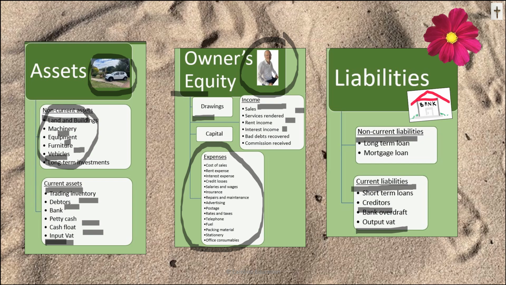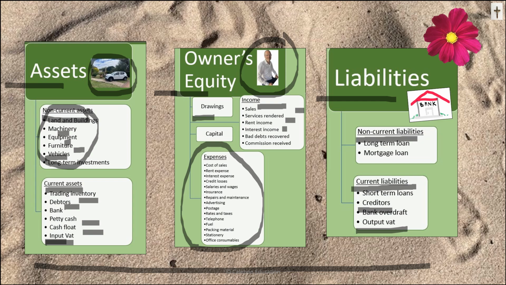So here we have examples of all the different classes: assets, owner's equity, and liabilities. And there it is, our accounting equation. Assets equals owner's equity plus liabilities. The left-hand side will always equal the right-hand side.